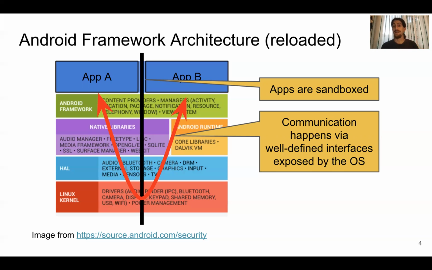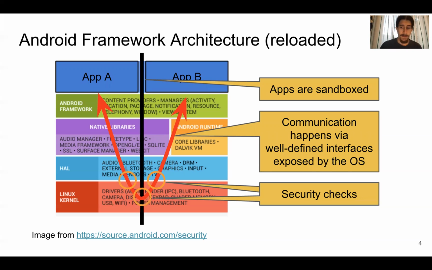To actually have some effect on the external world, where the external world could be the operating system or another application, these Android APIs usually invoke some syscall, interacting with the Linux kernel, so that something happens and this is reflected to the rest of the system. And it's very, very important to understand where the actual security kicks in.